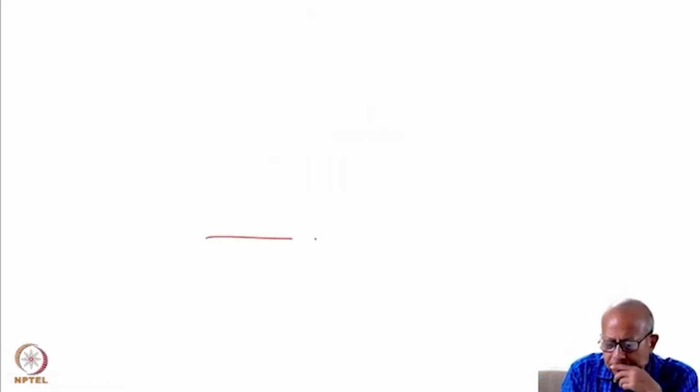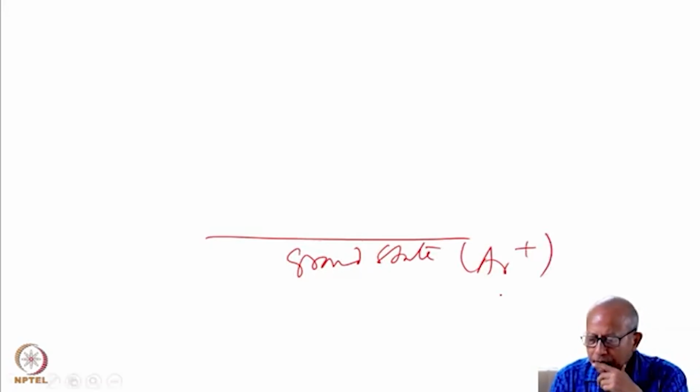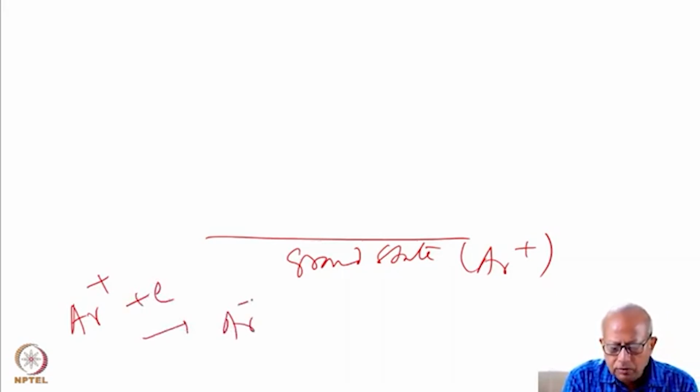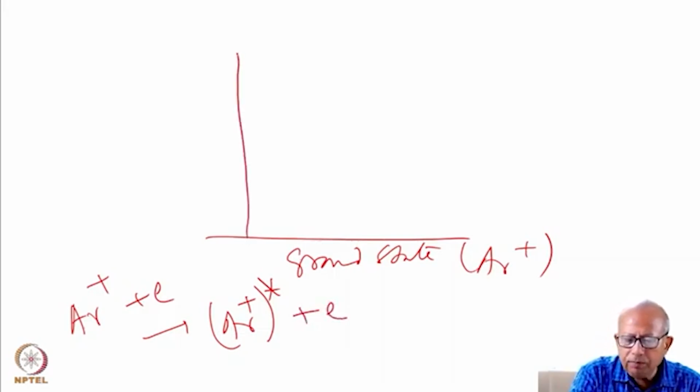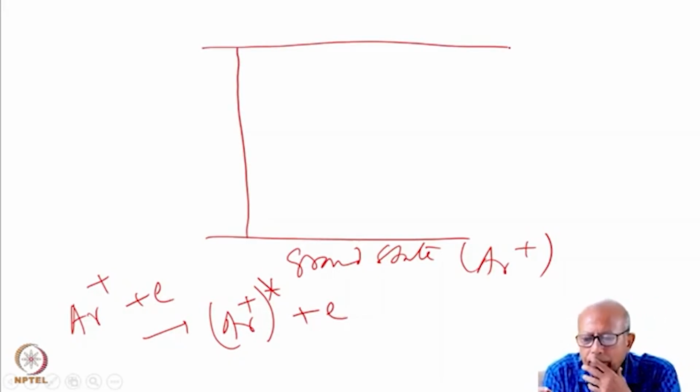See, this is your ground state of argon. So as the argon ion collides with an electron, it climbs up to its excited state. So you take it out. This is the pump level.